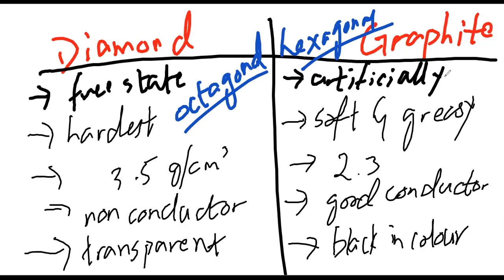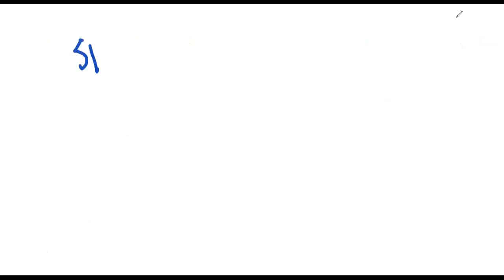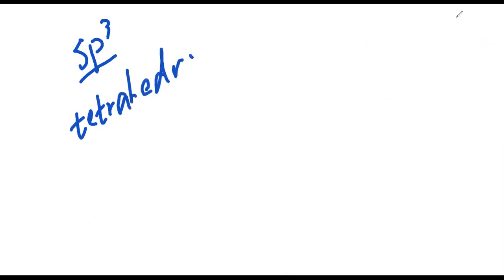Now the structure of diamond: it is sp3 hybridized, tetrahedrally arranged because of sp3 hybridization. I am talking about the structure of diamond, and all these I've talked about before.